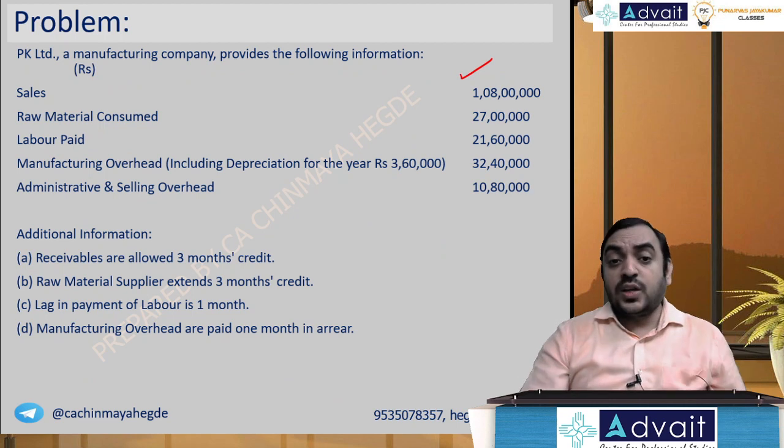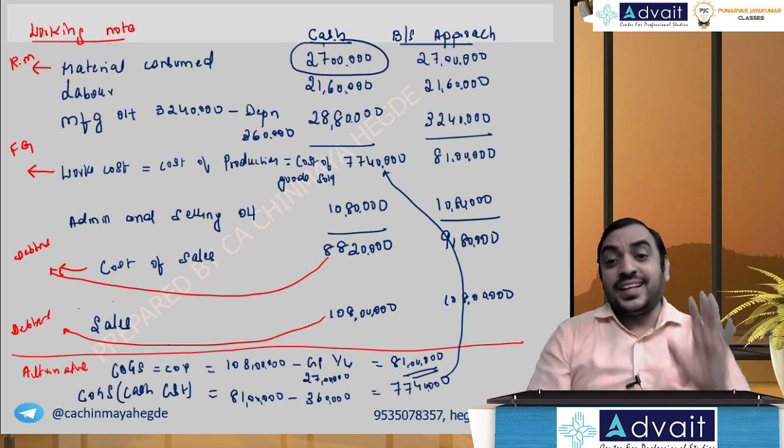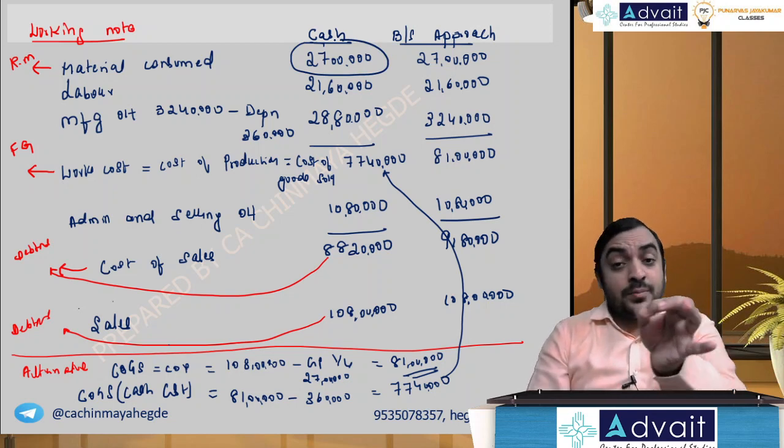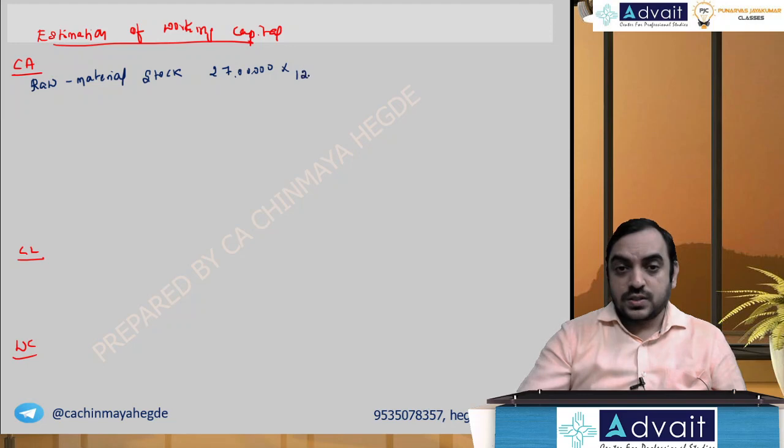So what is my annual consumption? Working note and all, we have used material annual consumption 27 lakh, and 27 lakh is for how many months? Full year, 12 months. How much for 3 months, our holding period? 6,75,000. WIP they said 0. So let's come to finished goods.